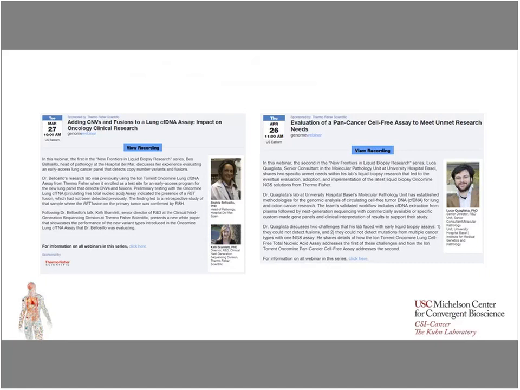Following up on those 2 previous sessions, today I will talk about our experience in our lab with how we implemented the Oncomine cell-free DNA breast research assay V2 into our existing single-cell analysis platform, and how we integrated genomic analysis and assessment of analytic variable in single-cell circulating tumor cells, CTCs, and cell-free DNA from longitudinal blood samples.